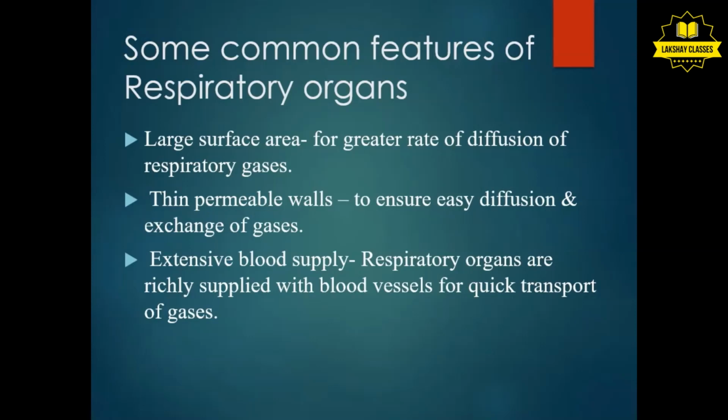Next, some common features of respiratory organs are, number one, generally the respiratory organs have a large surface area so that maximum diffusion of gases can occur, right? When we talk about gases, the only process which helps in exchange of gases is diffusion, that is from higher concentration to lower concentration.